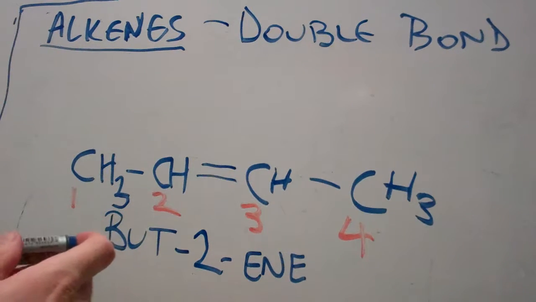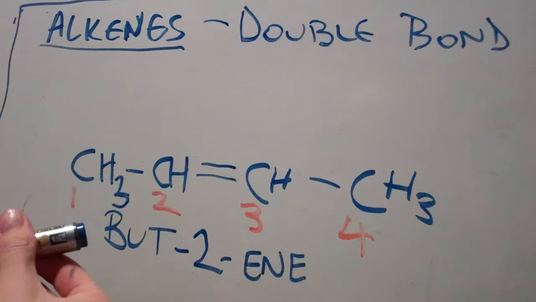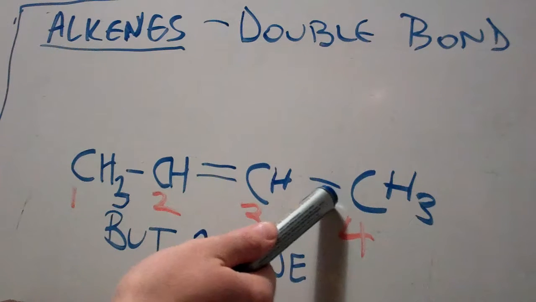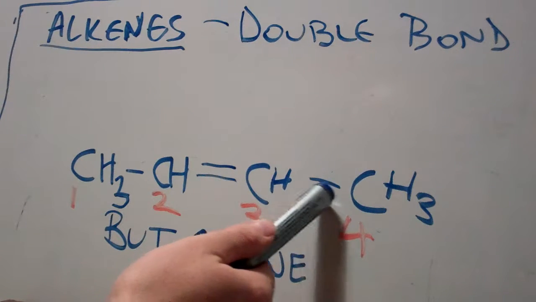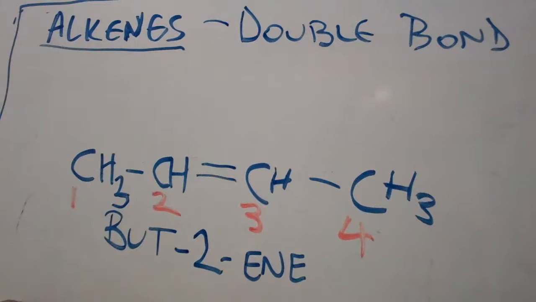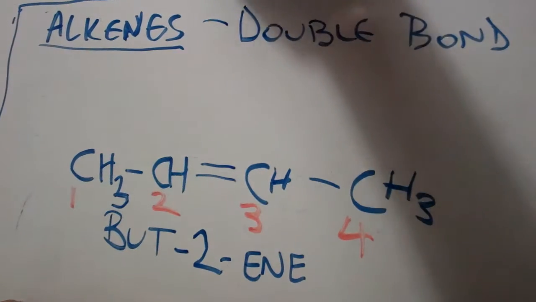Now, there are 2 different places that you can place the double bond in a butene molecule. If we were to move it here, then we would just renumber this butene, and we'd start from this side, 1, 2, 3, 4, and it would just be but-1-ene again. Okay, so this is but-2-ene.